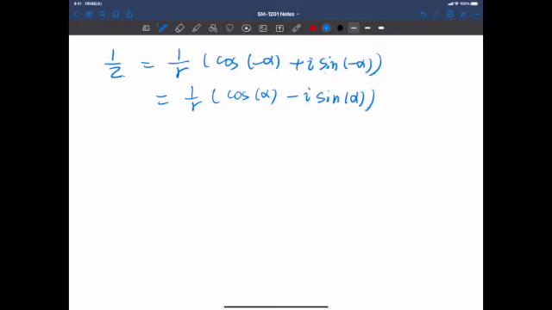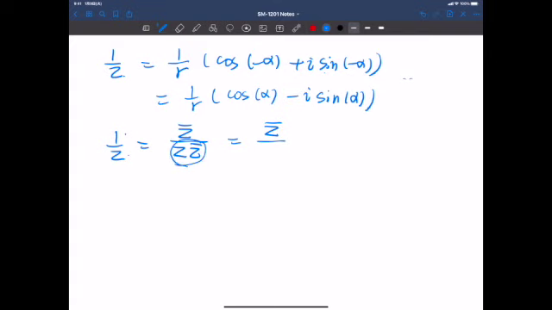Okay. So how do we get this? Okay. Let's see. So this 1 over z, if we multiply both numerator and denominator by its z bar, we have this, right?